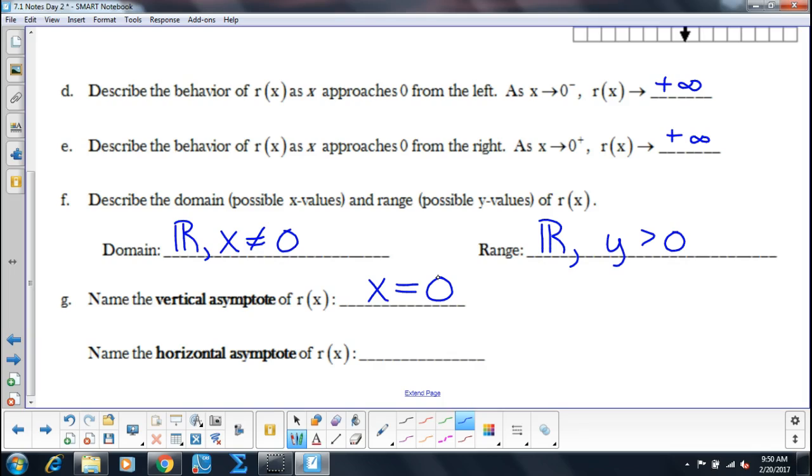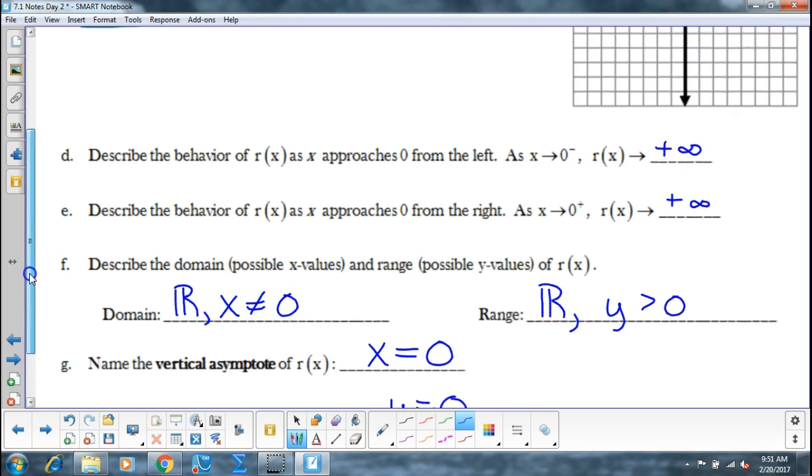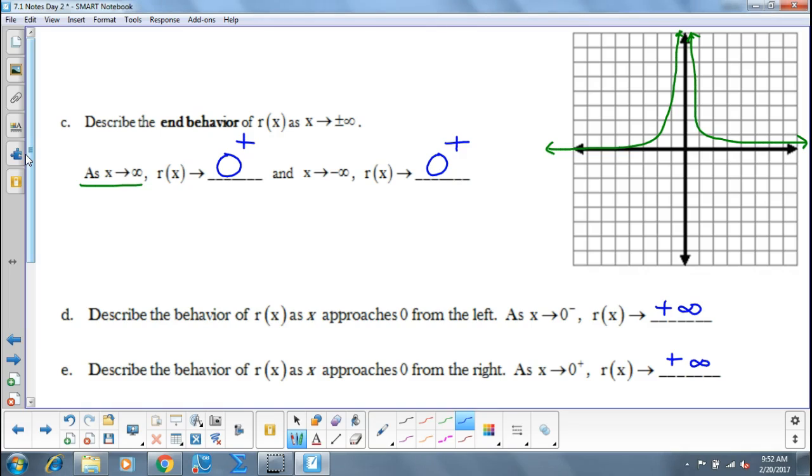Here it is y equals 0, but how did we describe it on Friday? So how do I know that y equals 0 is my horizontal asymptote? As we go out to the extremes, right? This comes from our end behavior. Your horizontal asymptote comes from your end behavior.